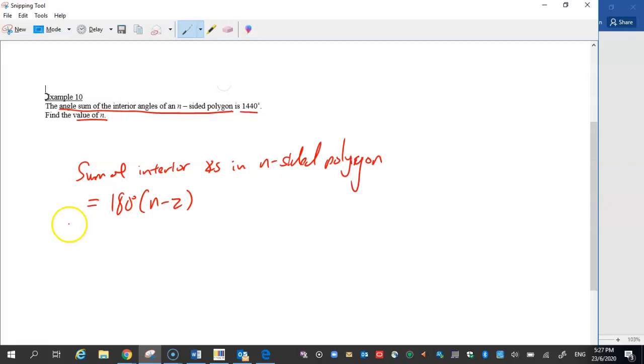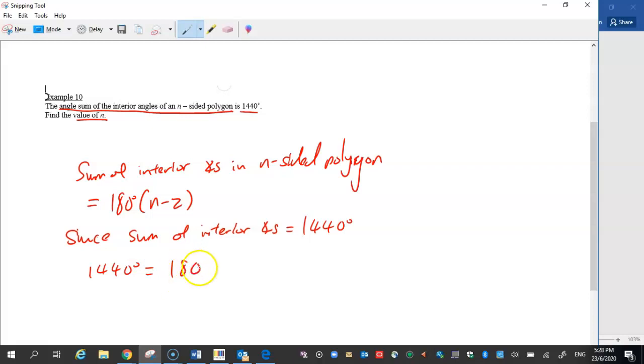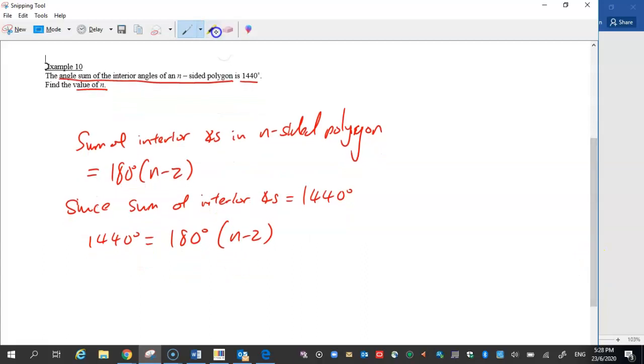Since the sum of interior angles equals 1440 degrees, 1440 degrees equals 180 degrees times n minus 2. Now we want to find n.